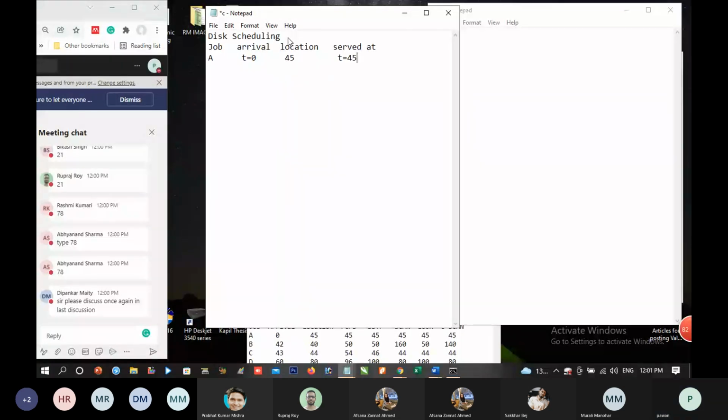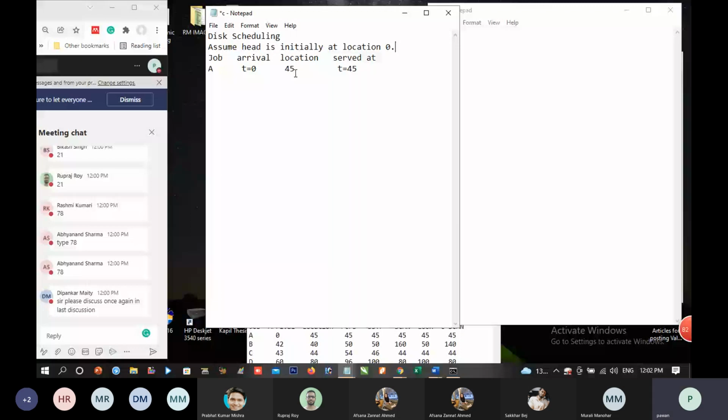Reason? Assume the head is initially at location 0. So at time t equal to 0, the head is at location 0, and we have to move it to location 45.